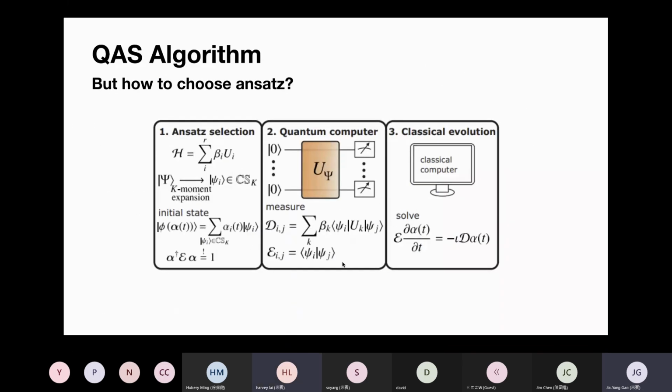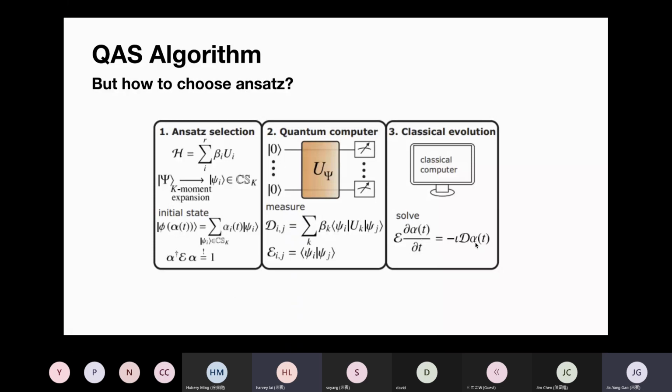Yes, and in this part, you need to take the inner product of two states. Will the inner product of the two states take a very small value? It means the epsilon may be close to zero, and you cannot evolve the alpha t.